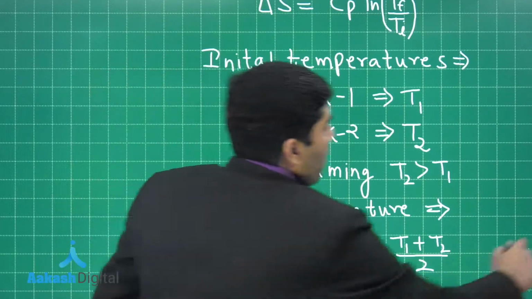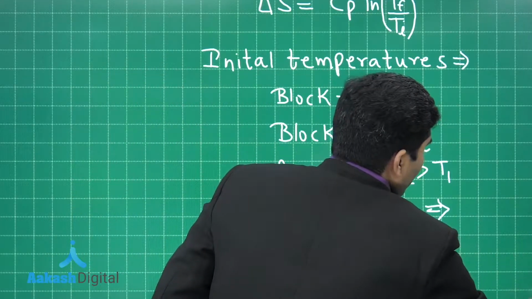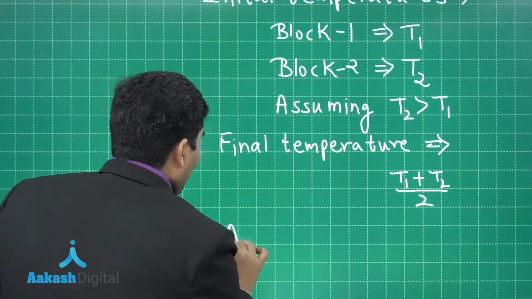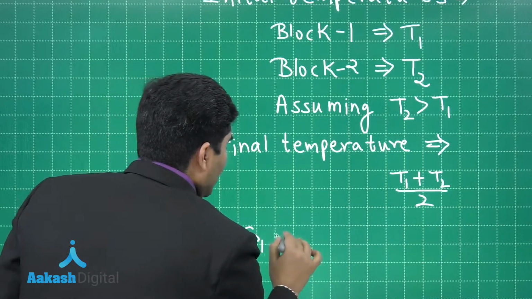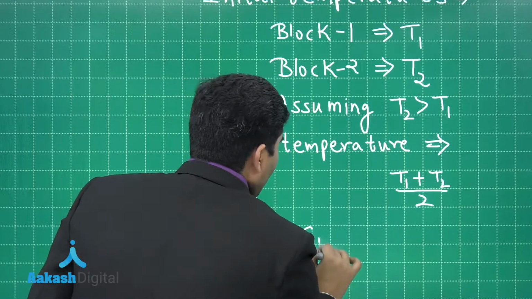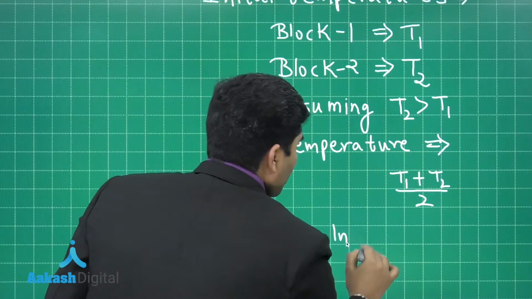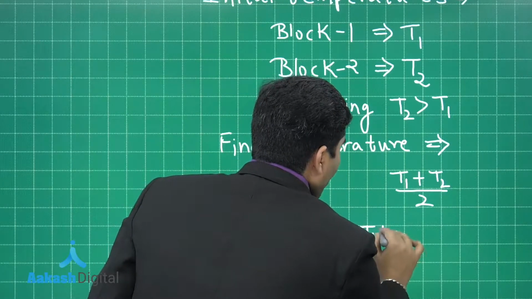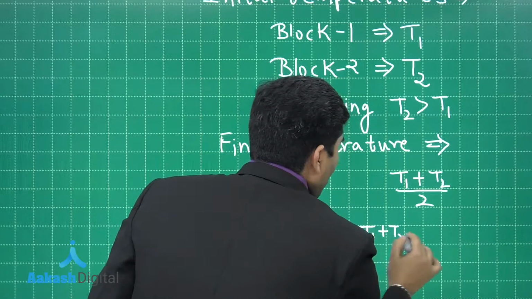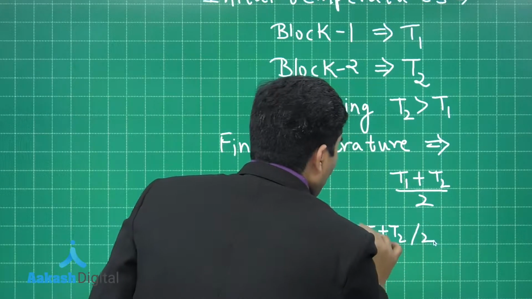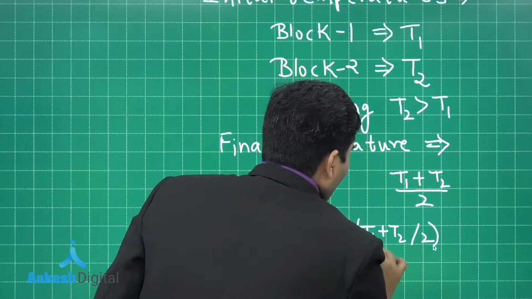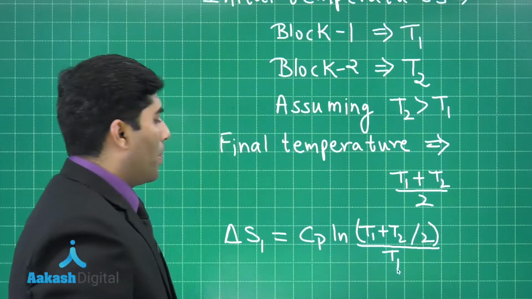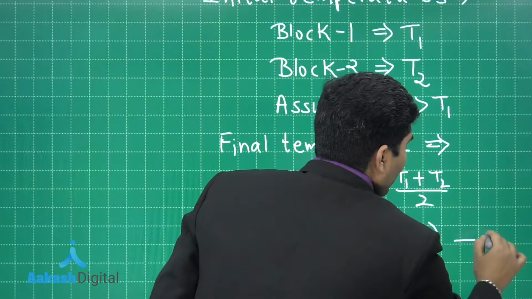Let's find out the entropy change for the first block. So delta S1 will be equal to Cp ln, the final temperature T1 plus T2 whole divided by 2, divided by T1, right? So this is our first equation.